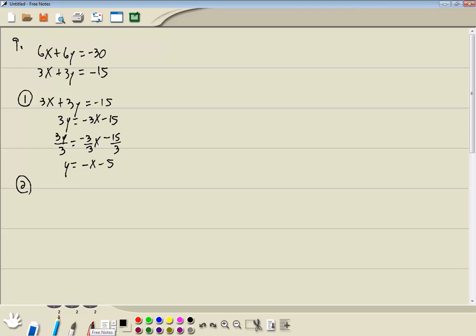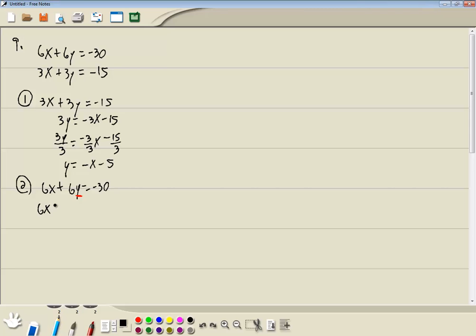Step 2, plug this into the other equation. So I got 6x plus 6y is equal to negative 30. And we just said y is equal to this, so we're going to replace the y here with a set of parentheses.